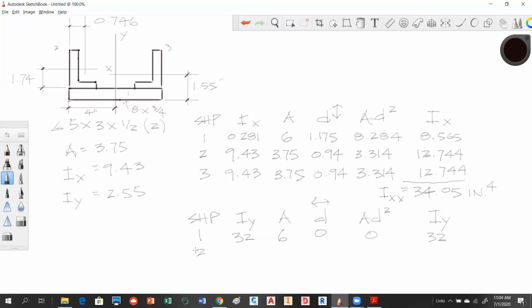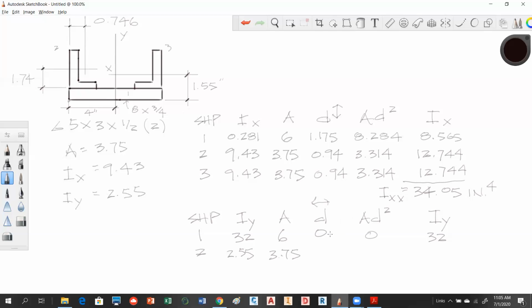Okay, shape 2. Now we have 2.55, and that's coming by the chart. Area is also from the chart. Look up 3.75. Okay. So the D distance will be the distance from this point to this point. So if you take 4 and you subtract from it the 0.746, that'll give us that distance that we're after there.